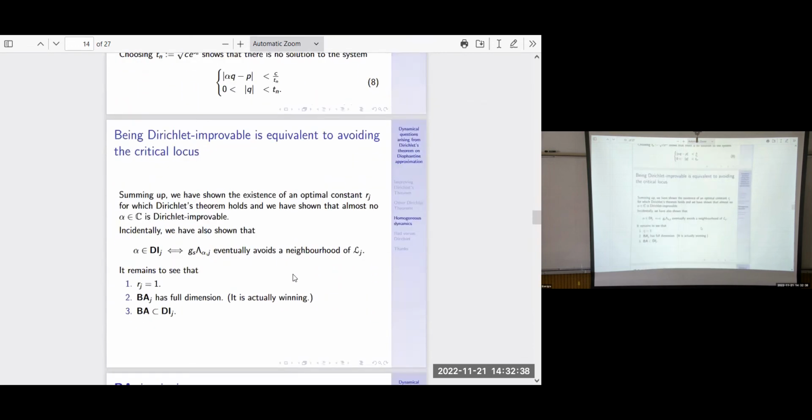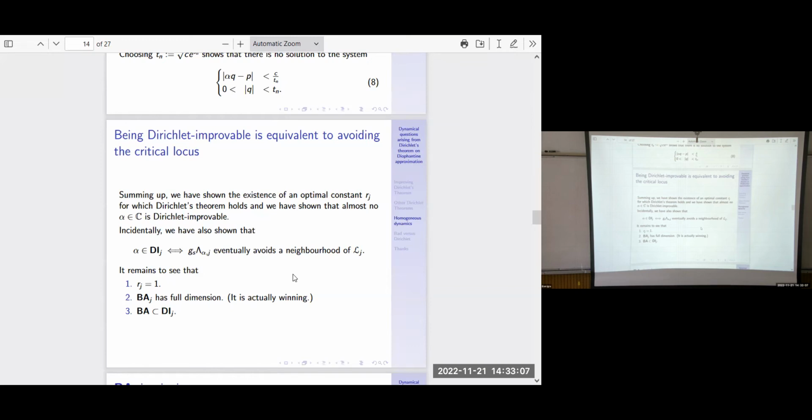Incidentally, what we've shown is some kind of correspondence. We've shown that there is an optimal constant Rj, and that almost no alpha is directly improvable. And we have this equivalence, which says that a number is directly improvable if and only if it eventually avoids a neighborhood of the critical locus.